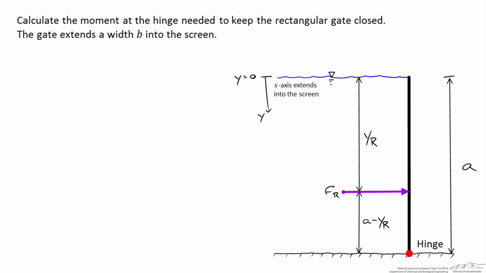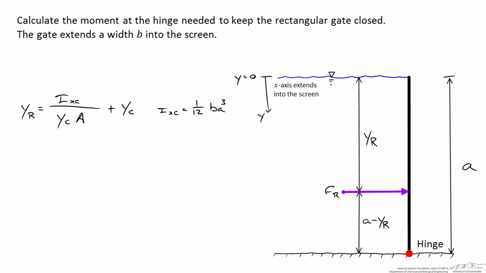A third way to get the same answer is if I set it up again with the resultant force acting some distance yr from the surface of the water, and I use this expression where yr is equal to the second moment of the area, ixc, over yc times a, plus yc. For a rectangular gate, I know that ixc is equal to 1/12 ba cubed.